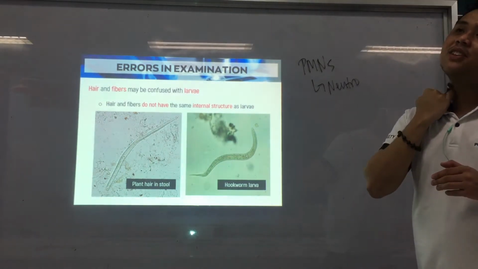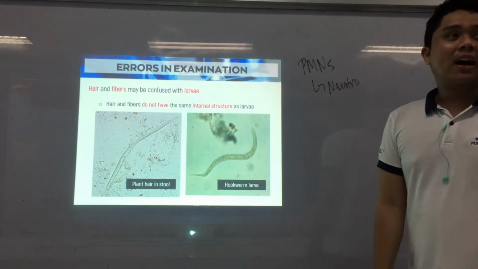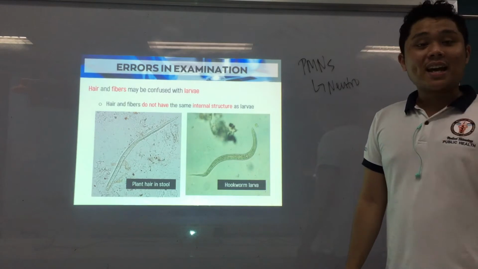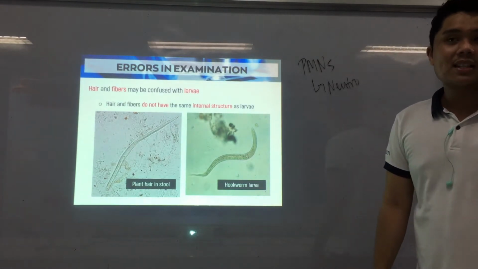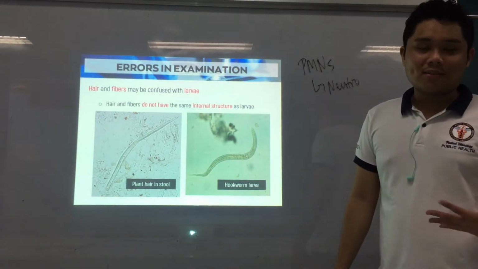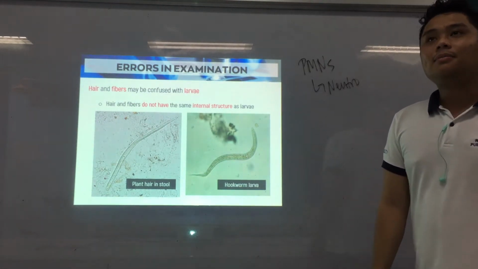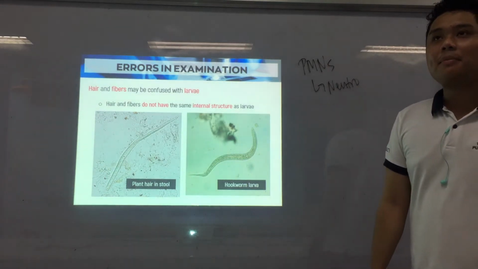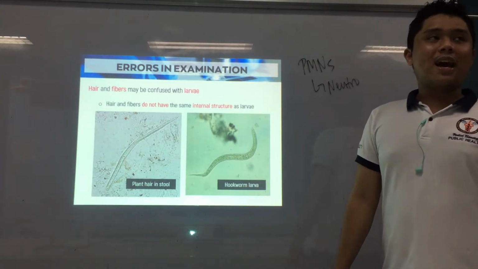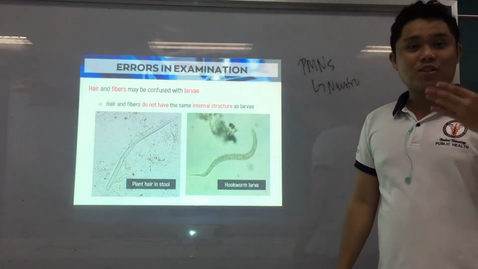So you may be asking, sir, why is there plant hair in stool or hair or fiber? Especially for example for fibers, diaper fibers for infants, and fibers from your clothing or something that could be introduced to your stool sample. For plant, maybe during seasons, in other countries that have seasons, no?